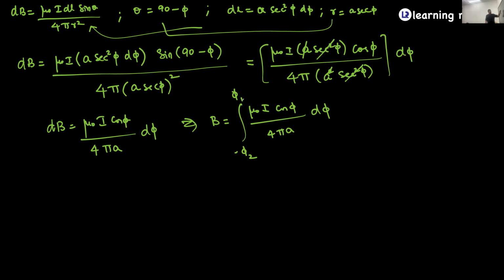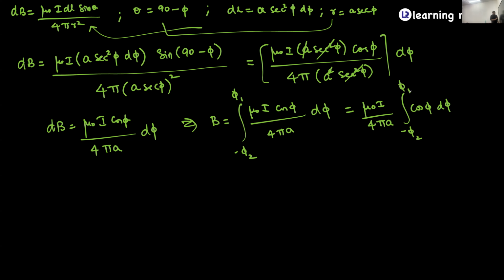Is that clear? Whatever is a constant can be taken out of the integral. When you take that, you get mu naught I divided by 4 pi a into the integral of cos phi d phi between minus phi 2 and phi 1.